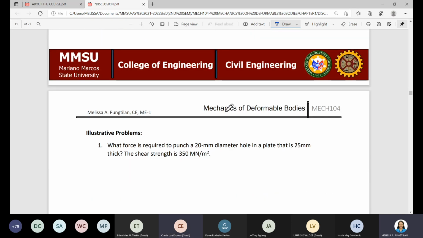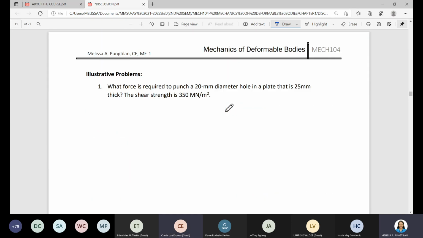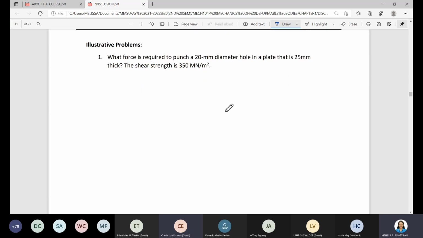Para mas maintindihan natin, let's proceed to our example number 1. Ang sabi dito, what force is required to punch a 20 mm diameter hole in a plate that is 25 mm thick? The shear strength is 350 meganewton per square meter.